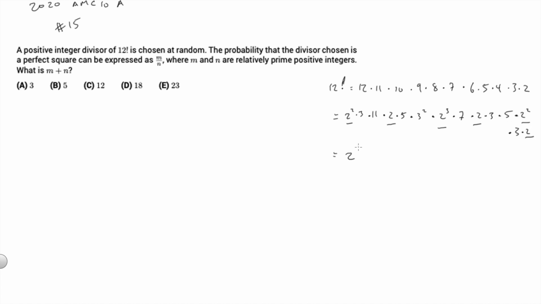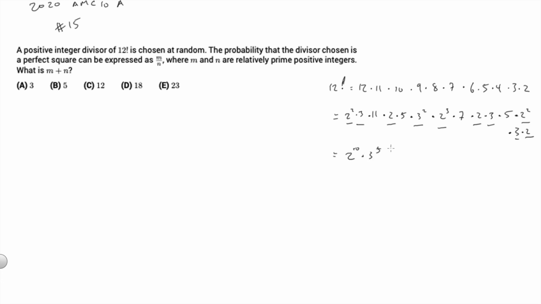So we've got a total of 10 2's. Okay, let's see what else. We have a total of 1, 3, 4, 5. 5 3's. Awesome. 3 to the 5th power.